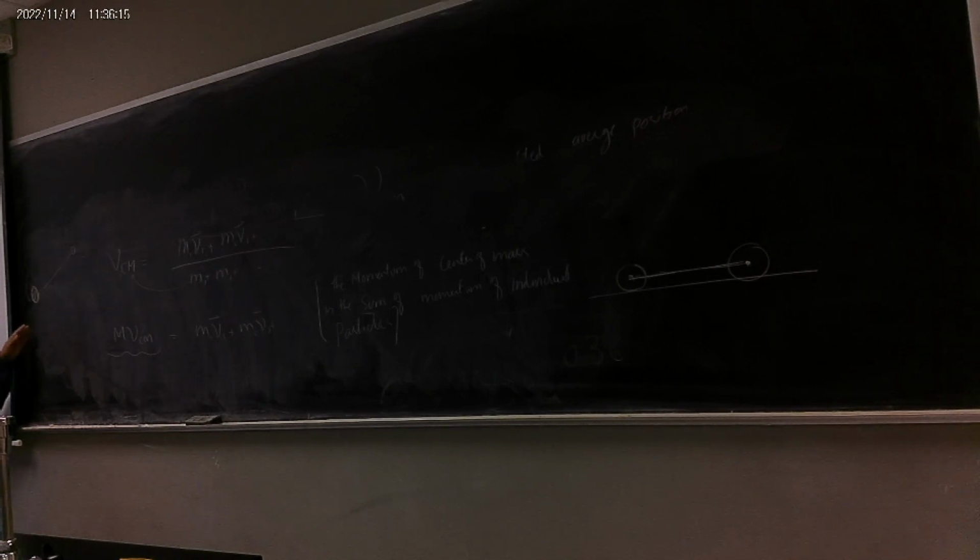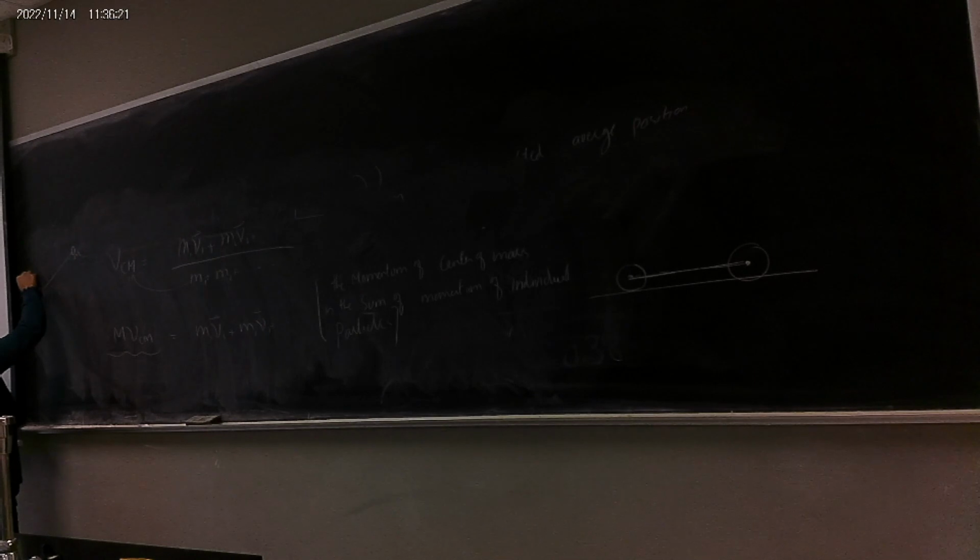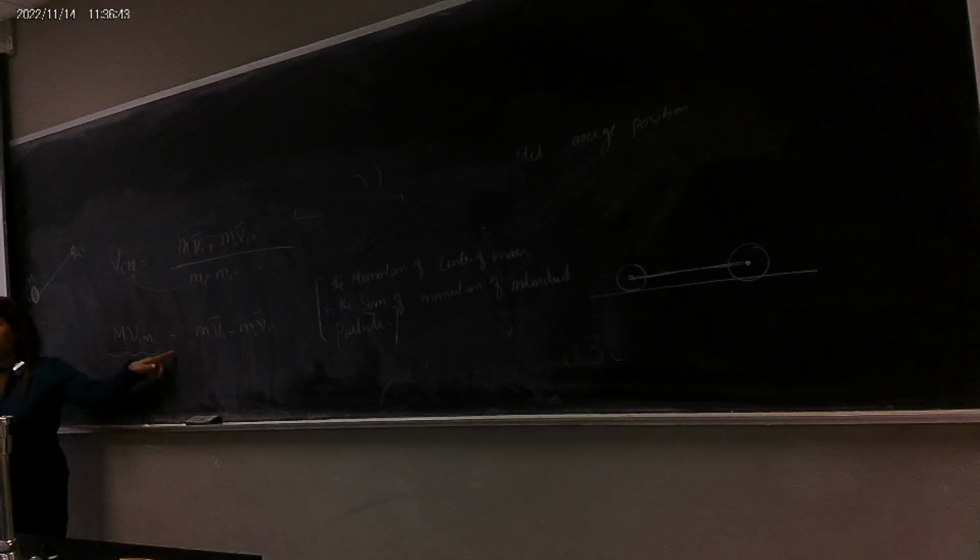They are connected by a rod, and that rod has a negligible mass, but this one has a small mass m, this one has a big mass M. On such a system, you have to talk about the momentum for the overall system, where you're going to treat this one as one particle and this one as another particle, but still they will make one big system. So you have to divide them in two. So in such cases, we do need to have this kind of explanation.